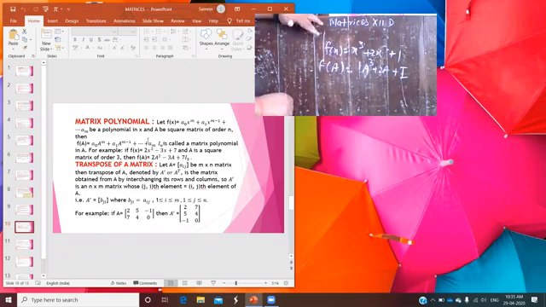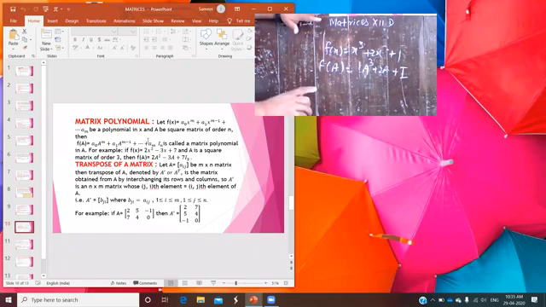If matrix A is of order 2, then I is taken as the identity matrix of order 2. If A is of order 3, then in place of I you write I3, the identity matrix of order 3. The identity matrix of order 2 is [1 0; 0 1].